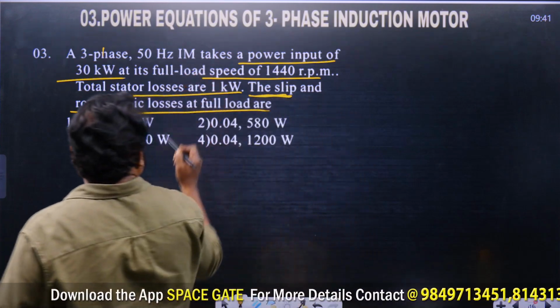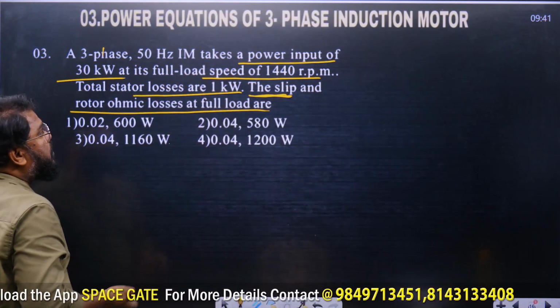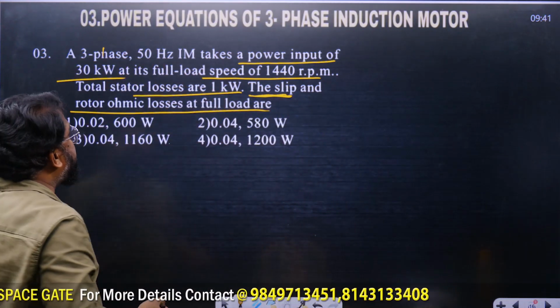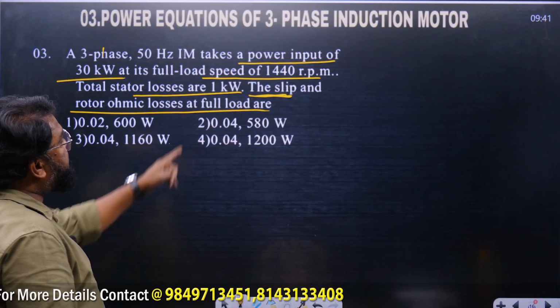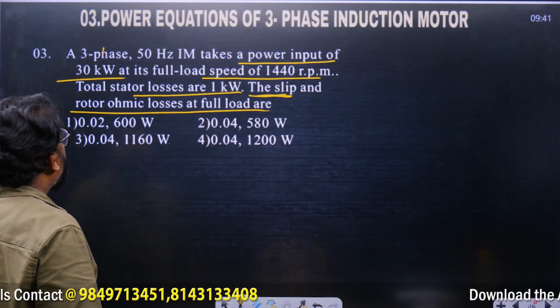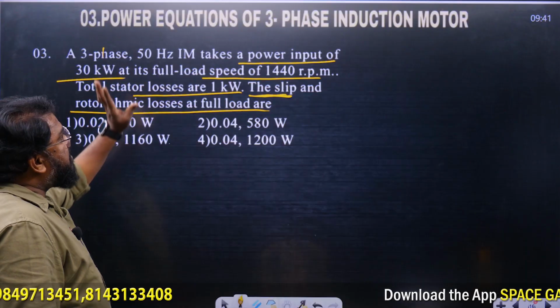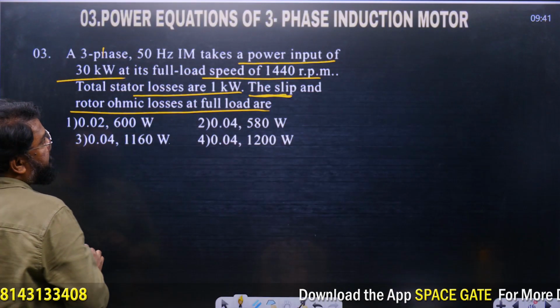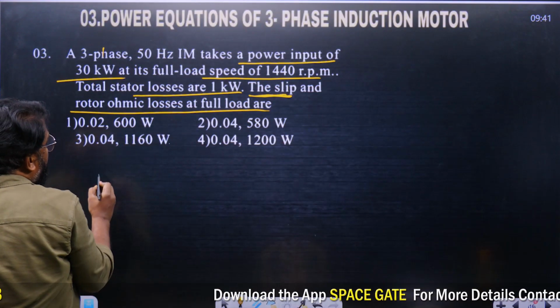Let us first calculate the slip of the motor. It is a 3-phase 50 hertz motor and 1440 rpm is given, but we don't know the number of poles.